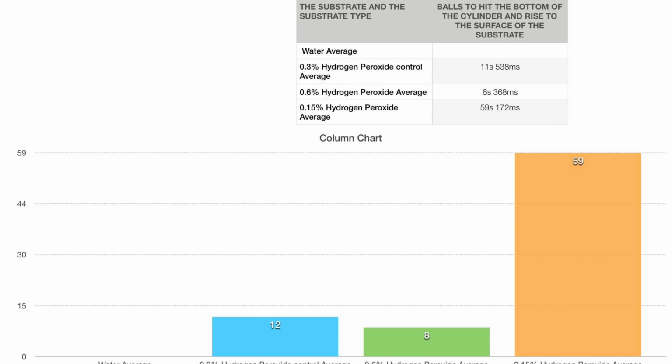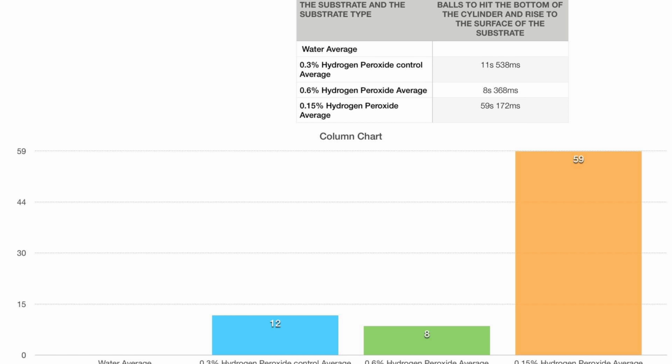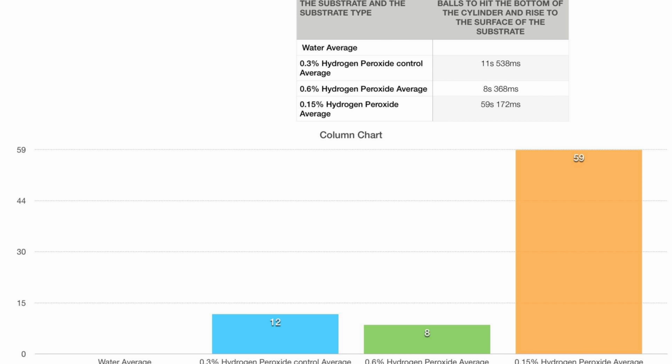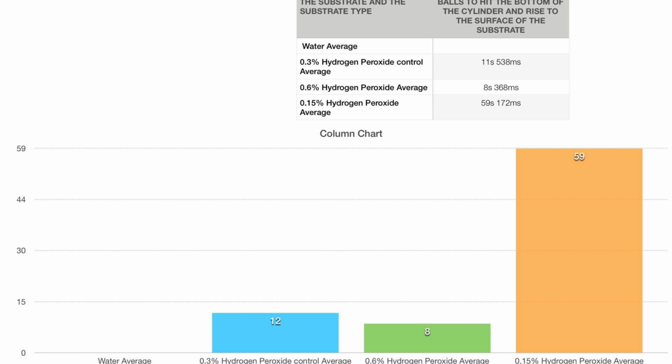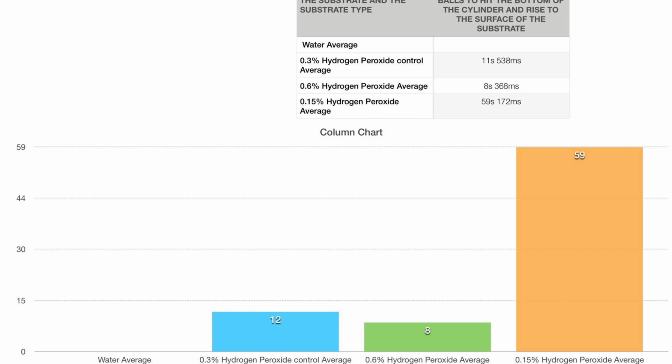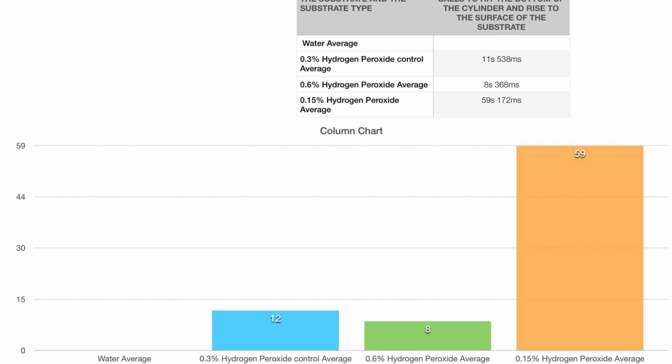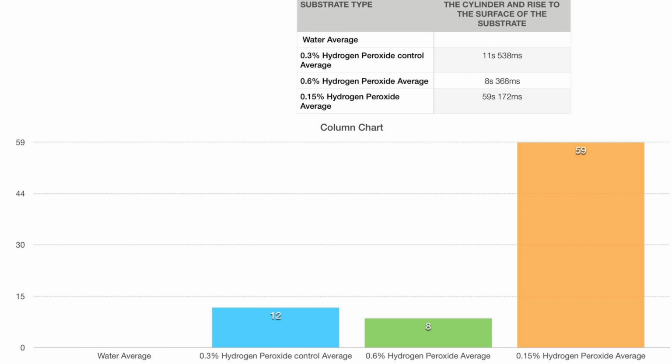And then the 0.15, so half of the control, is 59.172 seconds, which is quite long. It felt like it was never going to go up, but it did slowly react and eventually came out. So as you can see from the chart, the lower the amount, the more time it took, except for the water average. The water never rose. Well, it shouldn't, theoretically.